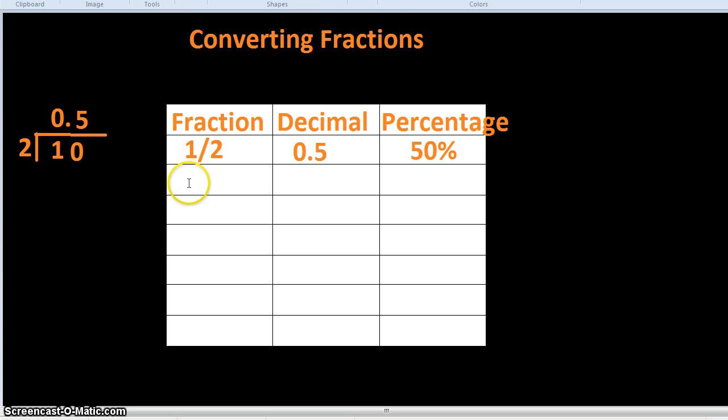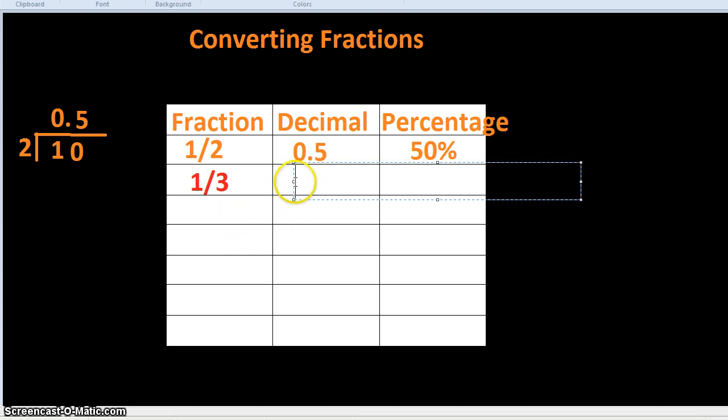Now let's go through a few more fractions. So, what about 1/3? Well, 1/3, when you divide it, is actually quite a long decimal. It's a recurring sequence. So it's 0.333 recurring, going on forever. It would be 0.3333333, etc. So that's the decimal.